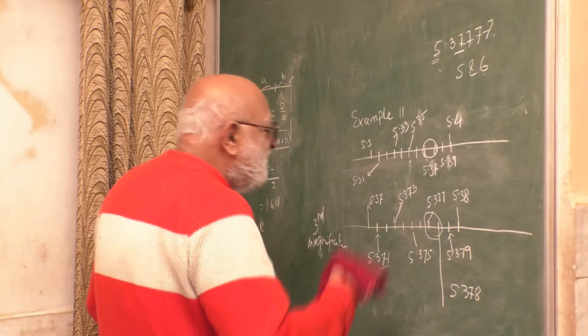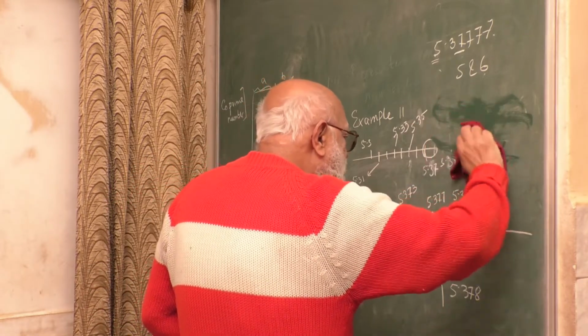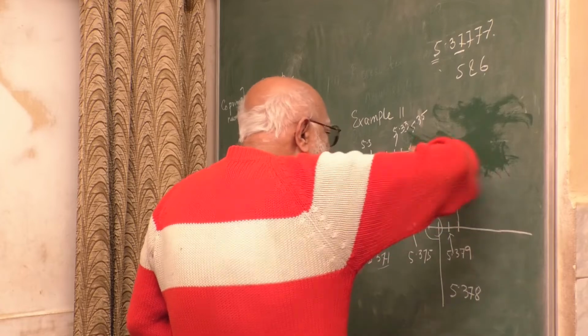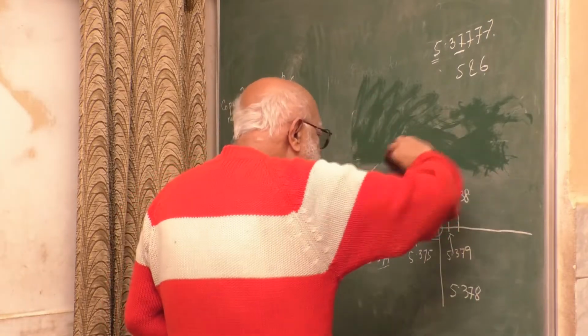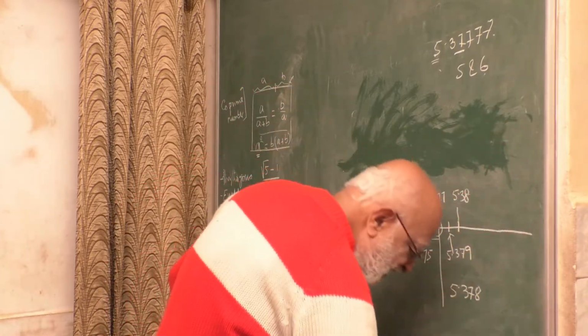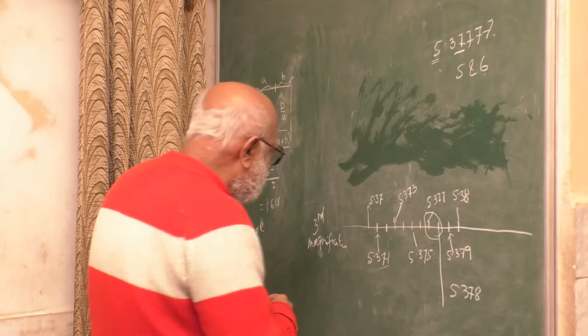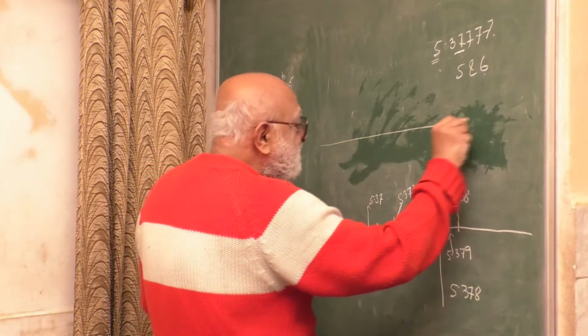You keep on doing it, being careful about your starting point and your end point. I will go through another process. This is the third magnification. What do I do in the fourth magnification?